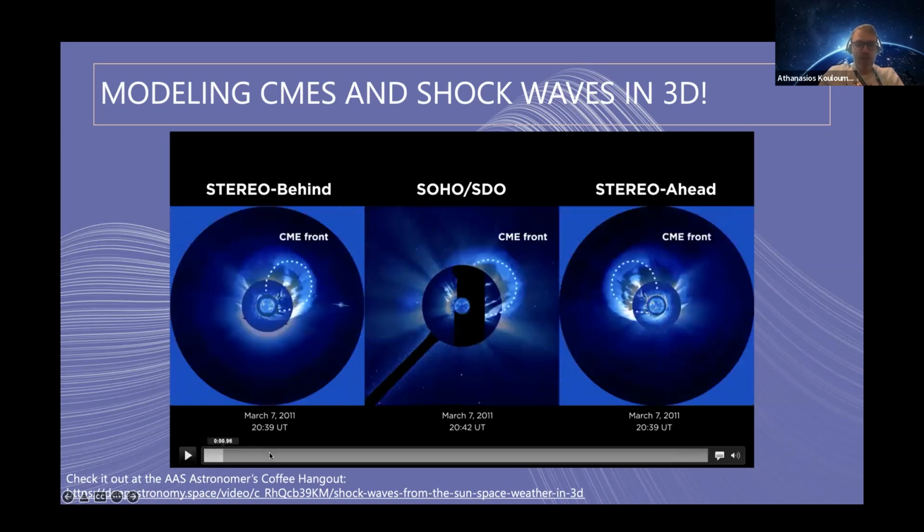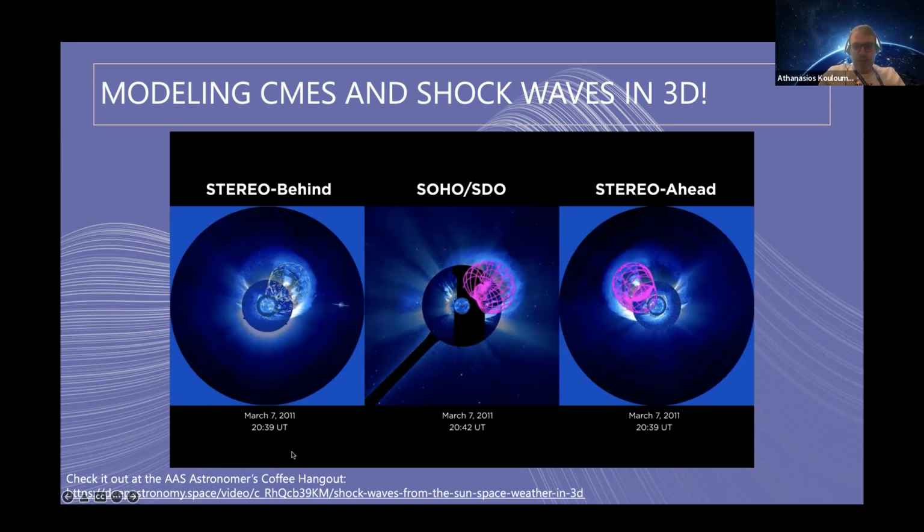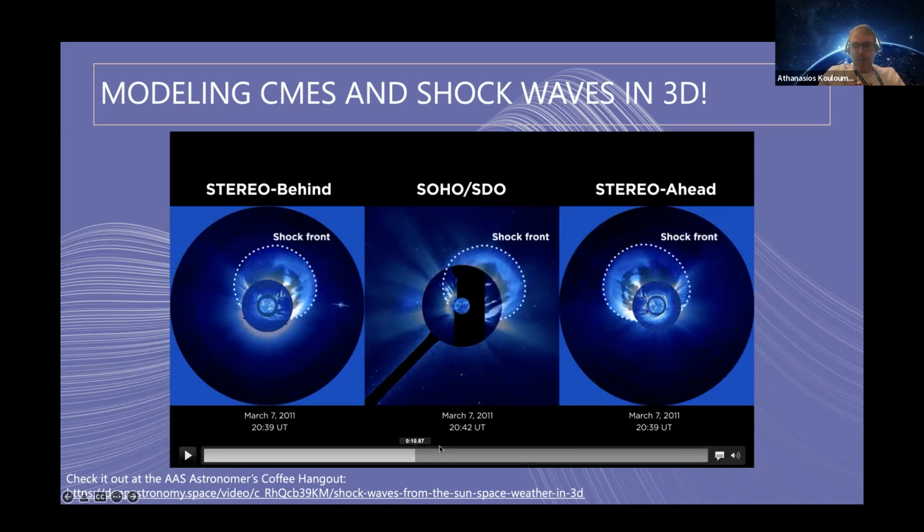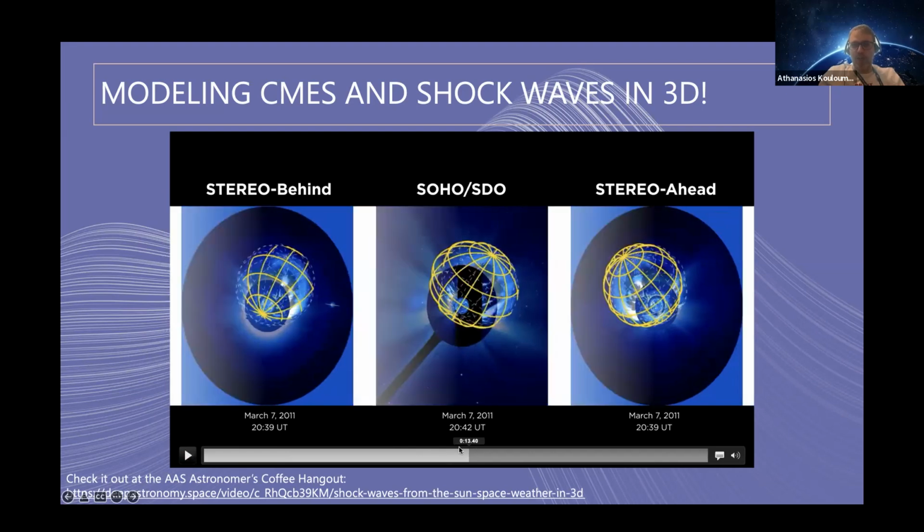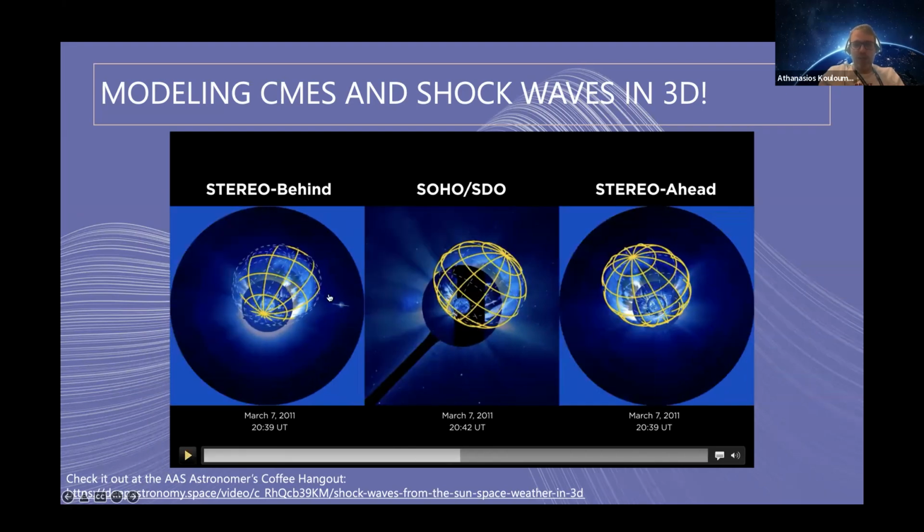So here we have the CME. We use these 3 viewpoints to essentially model the position of this structure in 3D. And then we can also use these 3 viewpoints to fit the shock wave to the images.